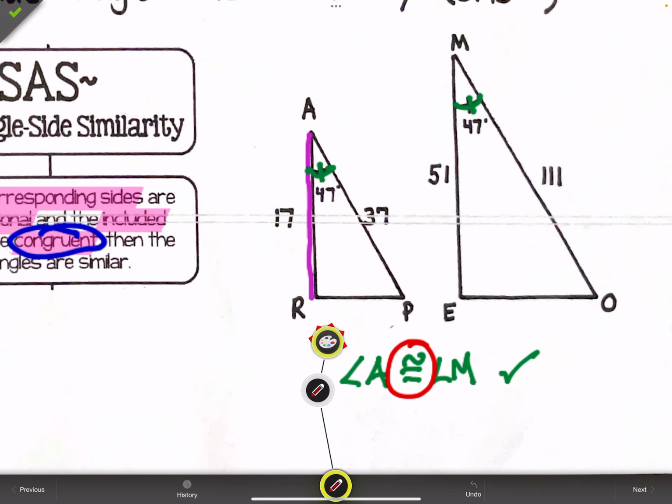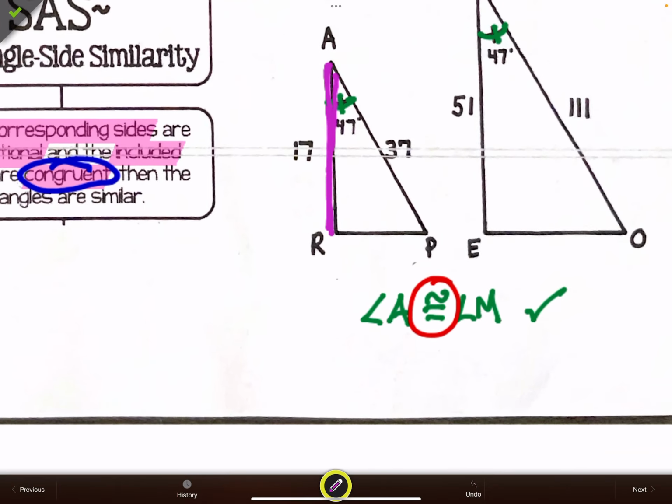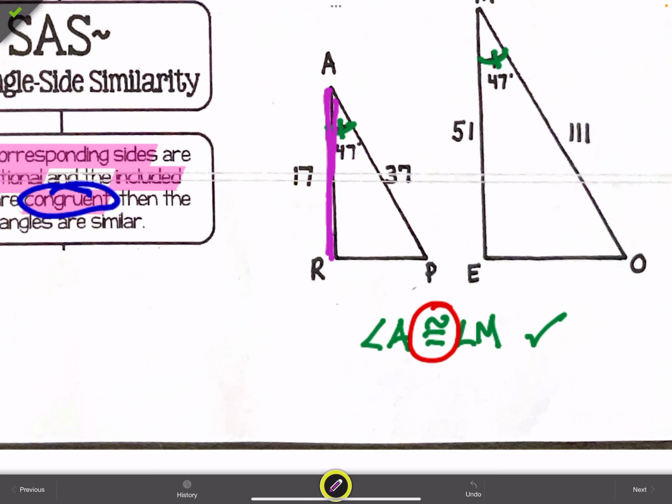So we do have to check the sides. So I did this 17, it's shorter than 37. Since they're only giving me 2, I can't do small, medium, large. But 17 is the shortest. So what does that correspond with in the bigger triangle? In the bigger triangle, it corresponds with the smaller number, so the 51.